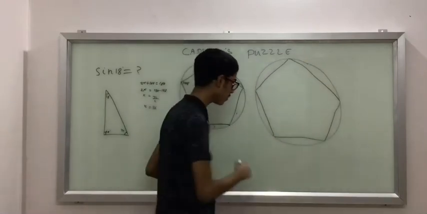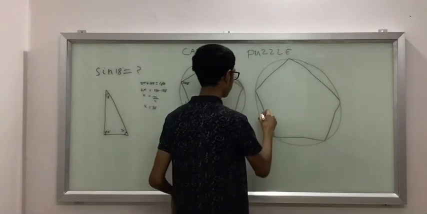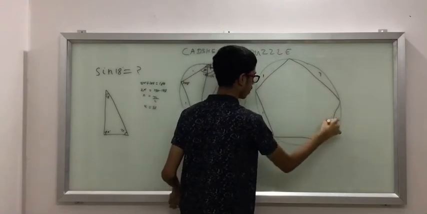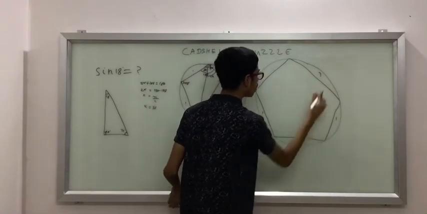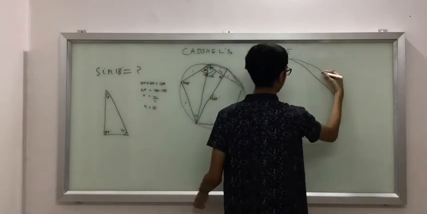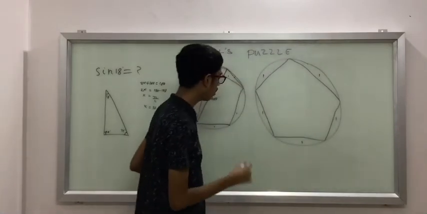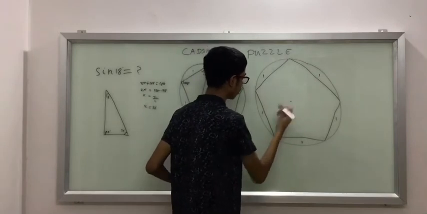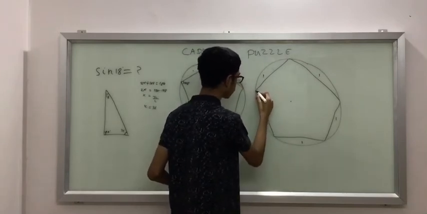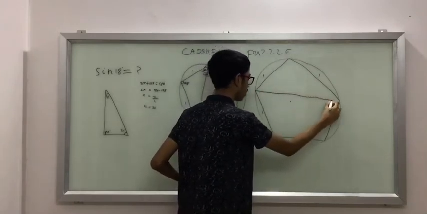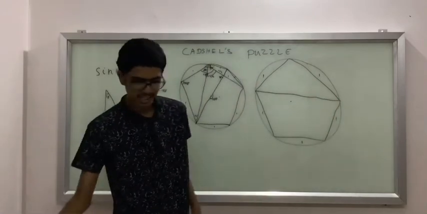In this pentagon, all sides are 1 only. Okay, now this will be the center. Now see, my line is very bad.